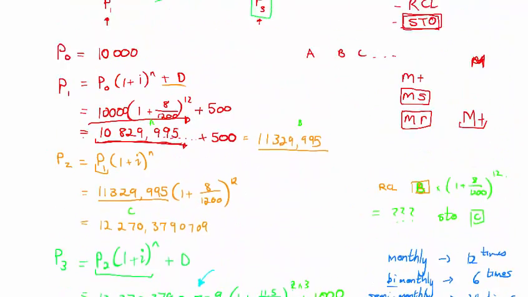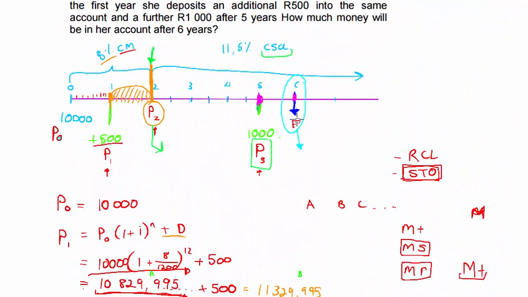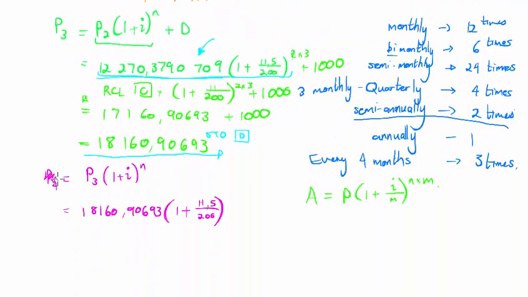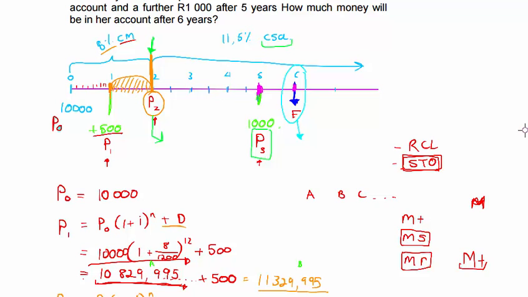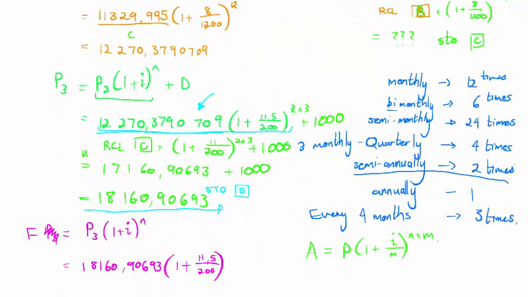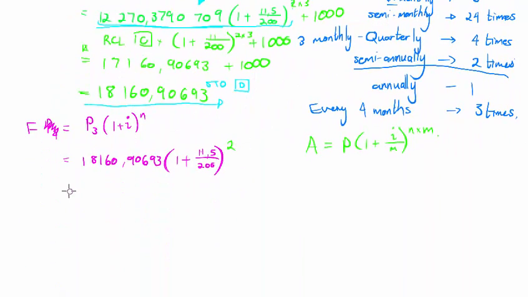And how many times did it get interest between P3 and the future value? I should have actually changed this to future value. How many times? Once, twice. So you can't now go back here, because then you've already given all this interest to get to this point. It only got the interest twice.